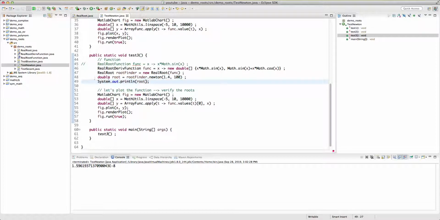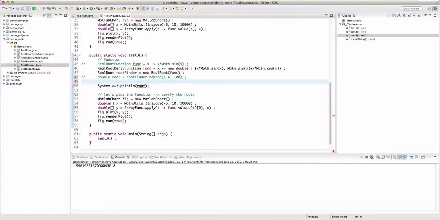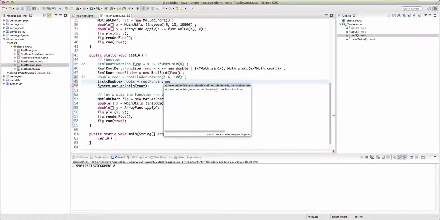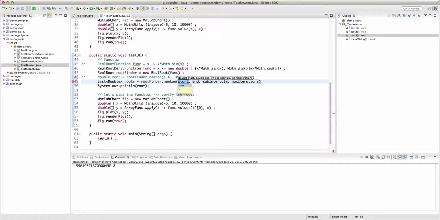And let's try the other version that returns all the roots. A list of double roots is root finder dot Newton, so -5 to 10, sub intervals, 1000 iterations per sub interval, and let's call it also root.